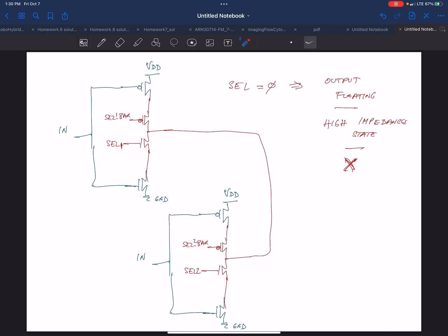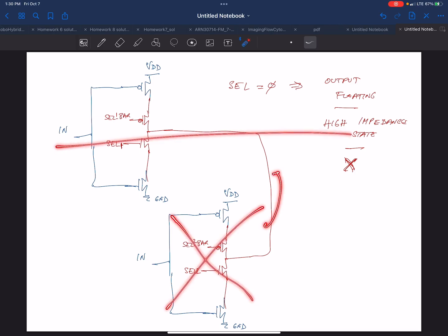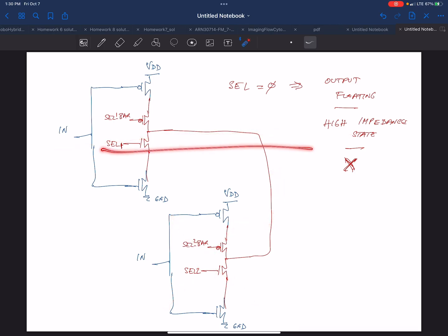And if select 2 is off, this guy is disconnected from the bus, and select 1 can drive the bus by itself without having to fight this guy, or vice versa. Okay, so this is a high impedance circuit.